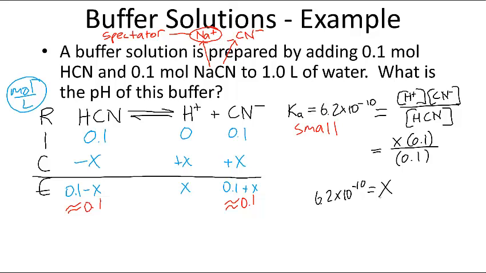So then x is the concentration of H+, so the pH is going to be the negative log of that. And the negative log of that is something like 9.21. All right.